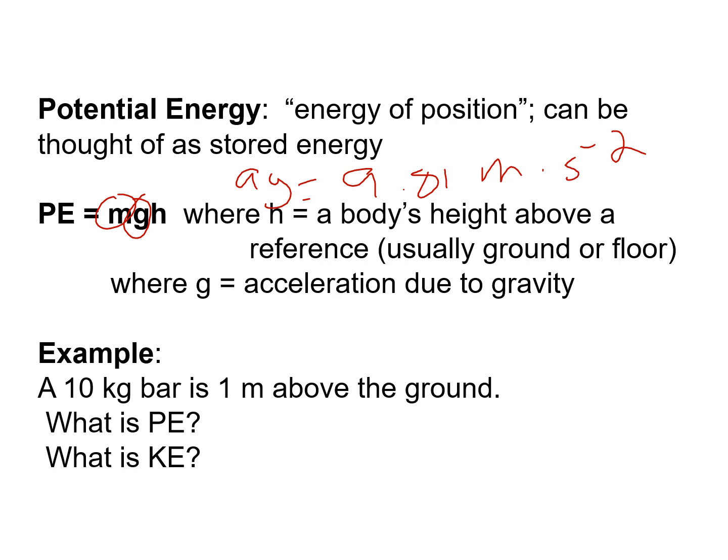So let's look at another example. We have a 10-kilogram bar 1 meter above the ground. What is its potential energy? So we have mass equal to 10 kilograms. Gravity, the acceleration due to gravity, is 9.81 meters per second squared.